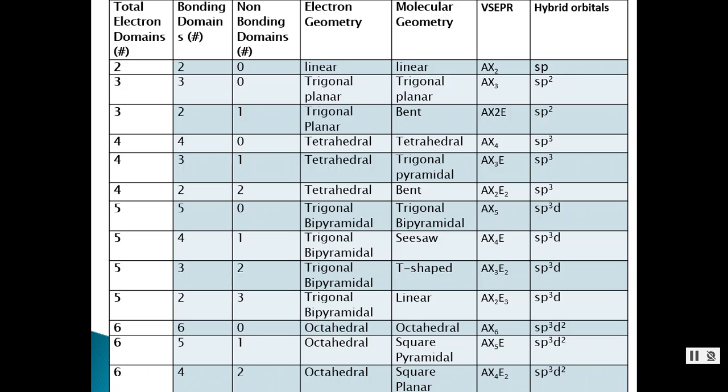So I would encourage you, while working on your online homework, working through problems that I have posted on the lecture Canvas page, or working through problems that we will talk about in my subsequent videos, to have this chart in front of you, because it will be necessary to help determine the orbitals and the geometry for a particular molecule.